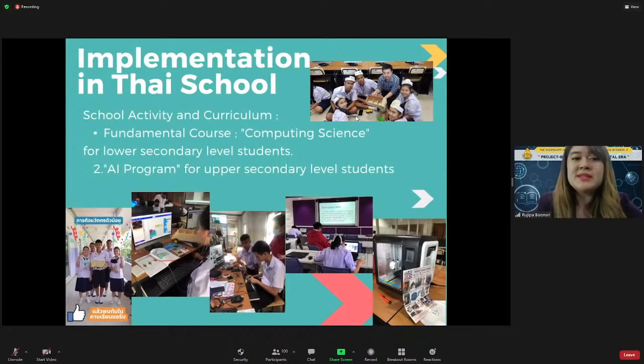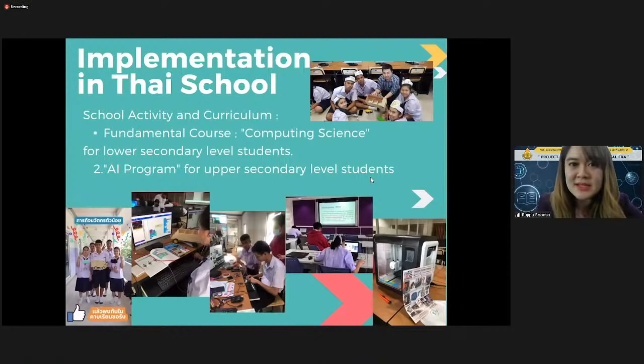What we implemented since 2020 was to embed project-based learning into our curriculum as a fundamental course. Computing science, or วิชาวิทยาการคำนวณ, is a mandatory class for lower secondary level students, while upper secondary level students have an AI program to choose from.